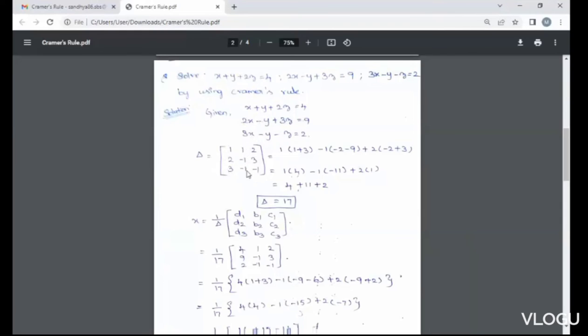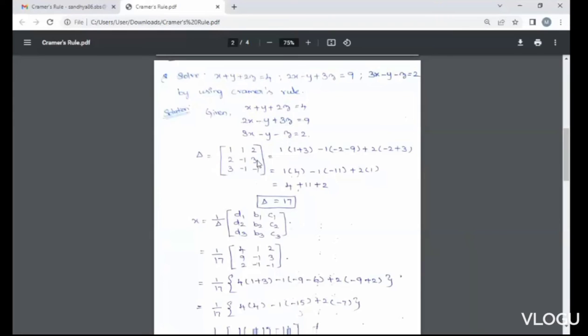The second column of delta is replaced by the y coefficients: in the first equation, y coefficient is 1, in the second it is -1, and in the third it is also -1. And the third column is the z coefficients: in the first equation, z coefficient is 2, in the second it is 3, and in the third it is -1.